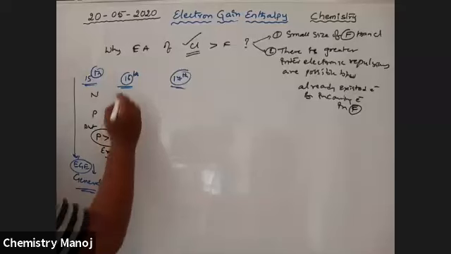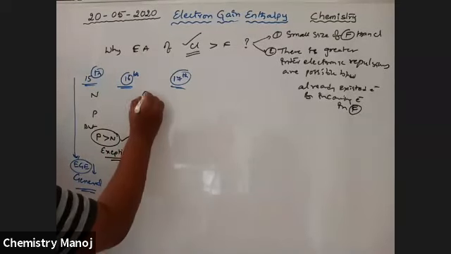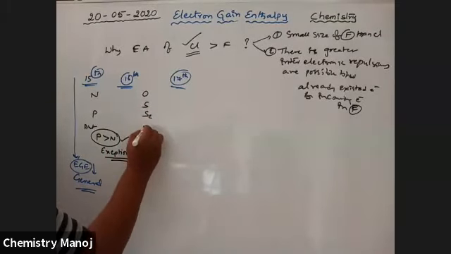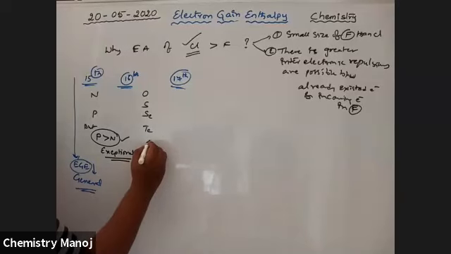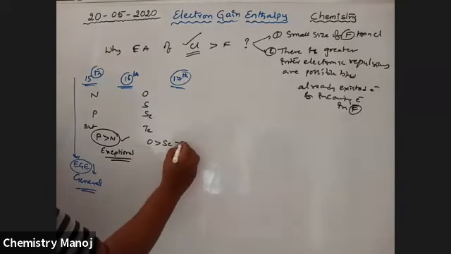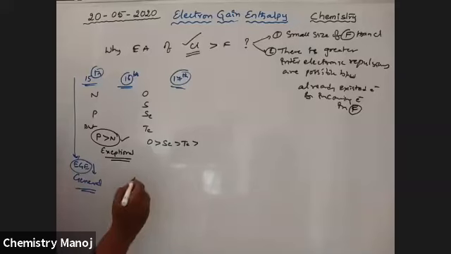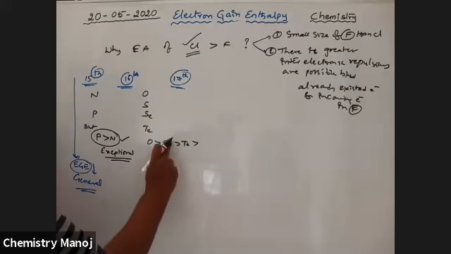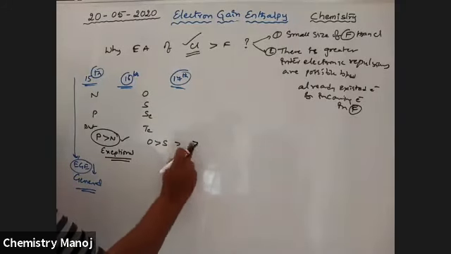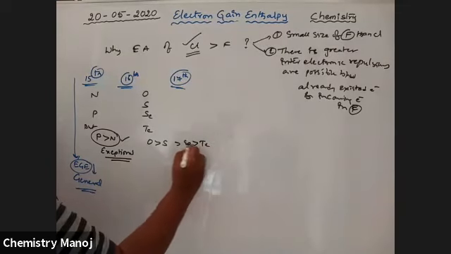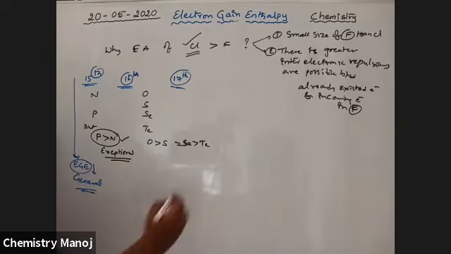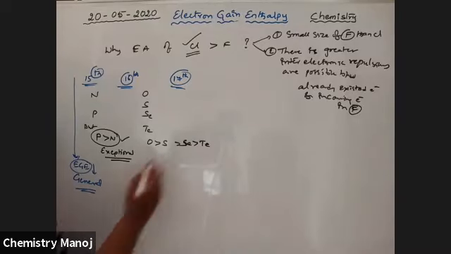Next, in 16 group elements, oxygen, sulfur, selenium, tellurium. We expected oxygen greater than sulfur greater than selenium greater than tellurium. This is expected.